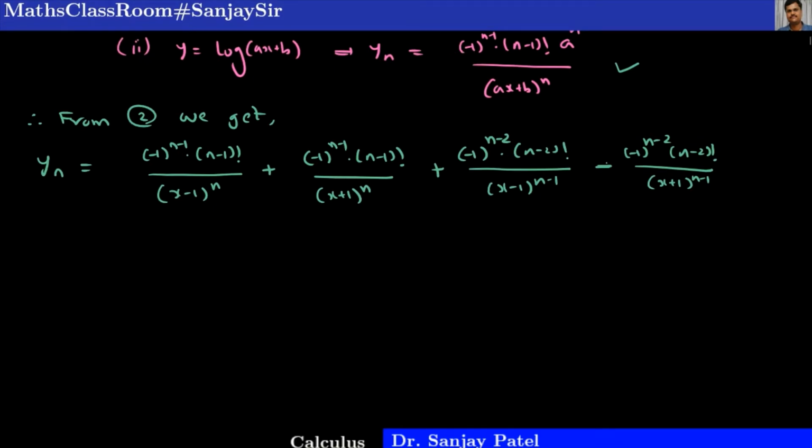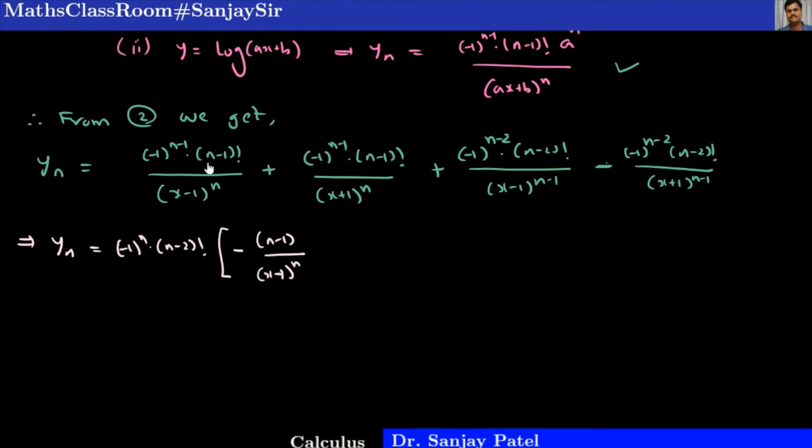So this implies yn is equal to, what I want to do here is first I will take minus 1 raised to n as common, and another thing is n minus 2 factorial from all the terms. So let us write minus 1 raised to n into n minus 2 factorial. So what we get here in the first term, minus 1 raised to n minus 1 is taken as a common factor, so it is minus, and this becomes n minus 1 upon x minus 1 raised to n.